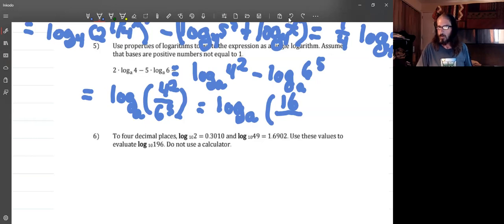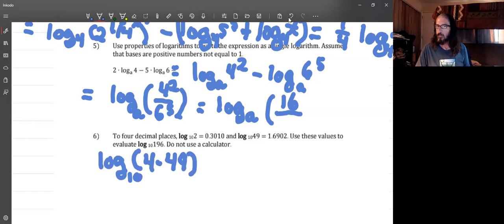Well, since that's even, definitely 2 will go into 196. I think 4 will. It does, 49 times. And then write the 4 as 2 squared.